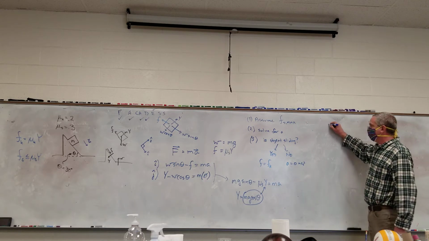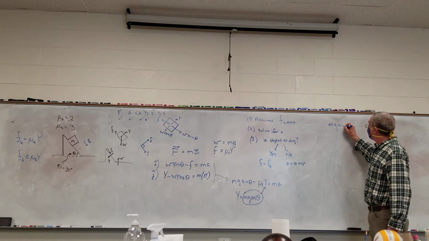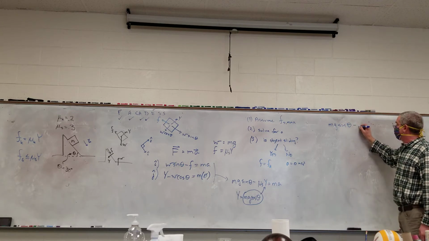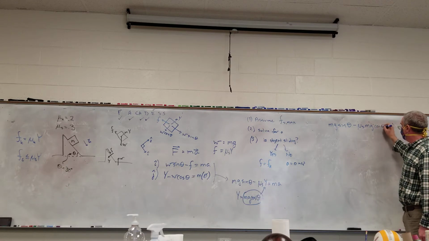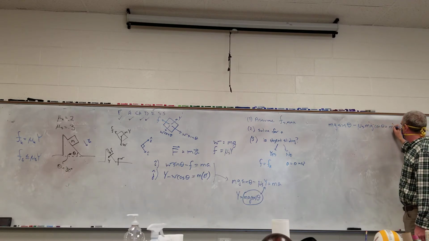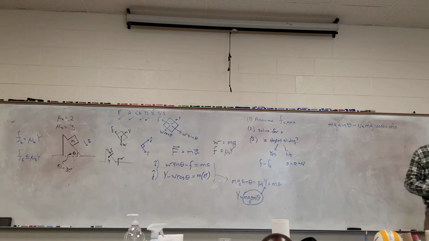And so now I'm left with mg sine theta minus mu s times mg cosine theta equals ma. And so, can I simplify this at all?